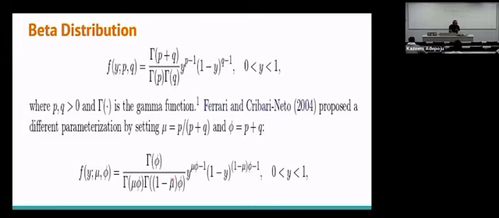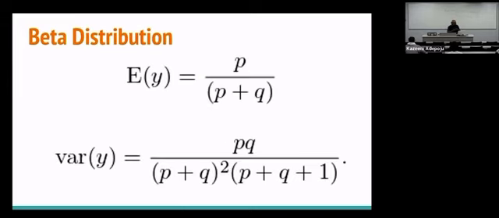Now, even the conventional one, this one here, from statistical theory, the mean and variance is this. The expected value of y is mu, equal to p over p plus q. The variance of y is what you are seeing right now.